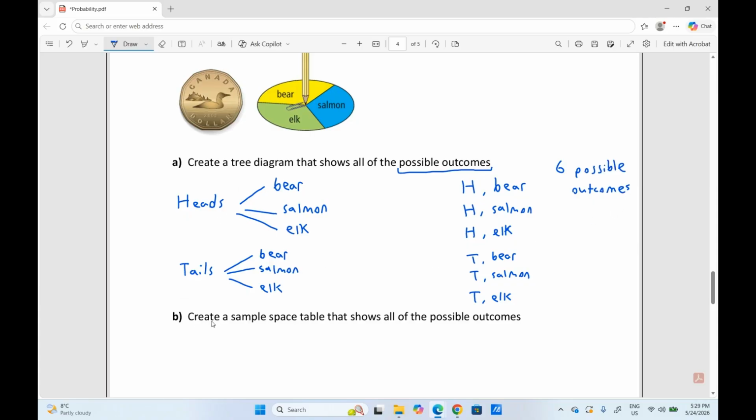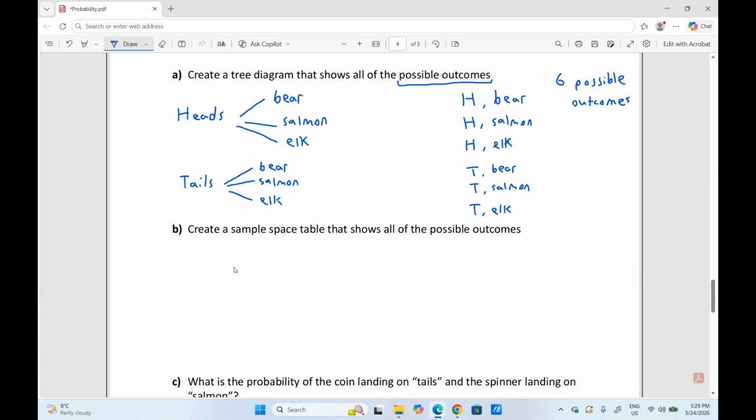Now for B, it says create a sample space table that shows all of the possible outcomes. So just another way to show it, what I'm going to do is I'm going to create a table. I'm going to write heads here. Then I'm going to write tails. And then I'm going to write, if I spin, the results that I get.